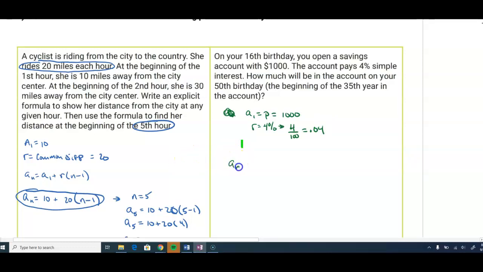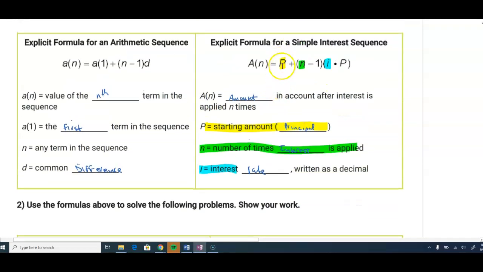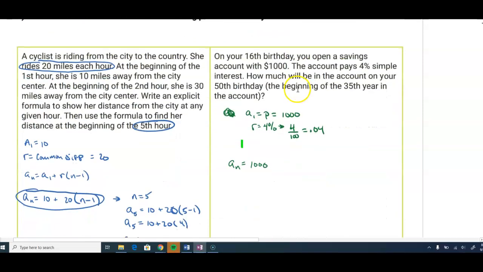So we say A sub n equals your initial amount, right? And if I go up to the formula here, it's your principal plus your interest rate times P, and then times n minus 1. So what is my principal times my rate?